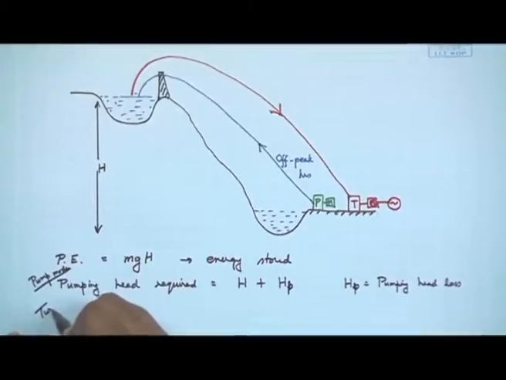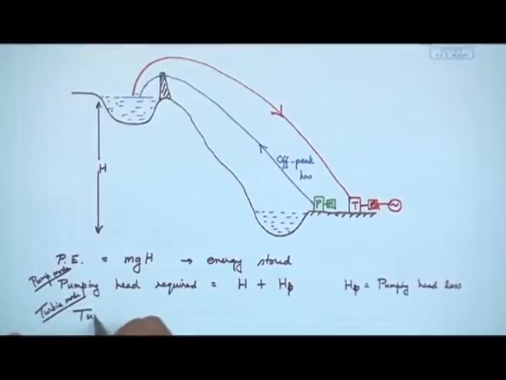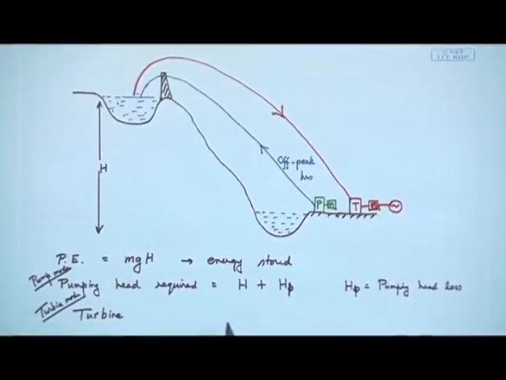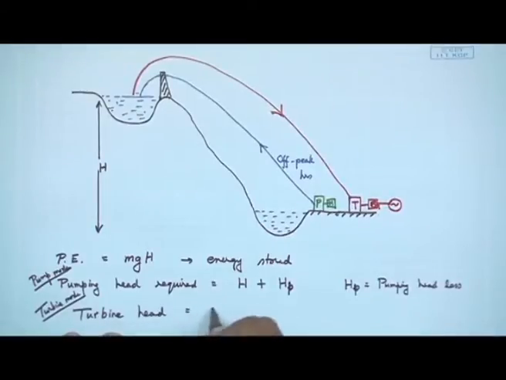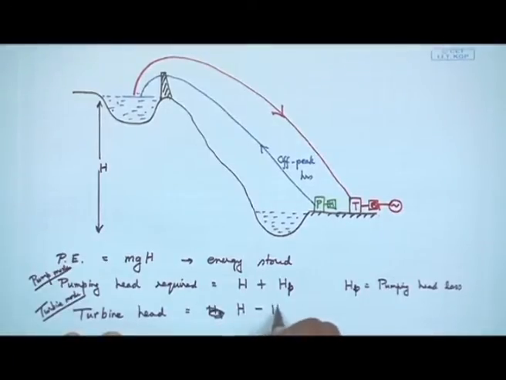In the turbine mode, the turbine will also have some loss. There is nothing like a perfectly efficient, 100% efficient turbine. So, the turbine head is going to be H minus HT, where HT is the turbine head loss.